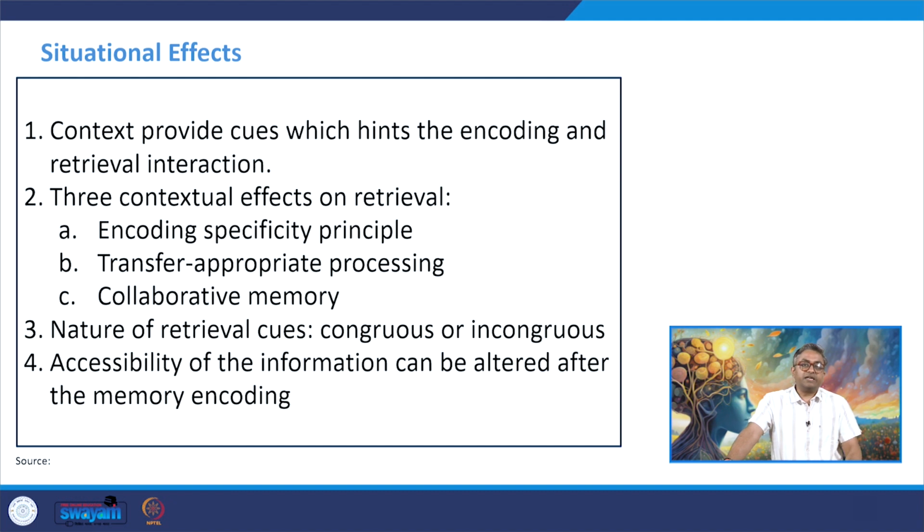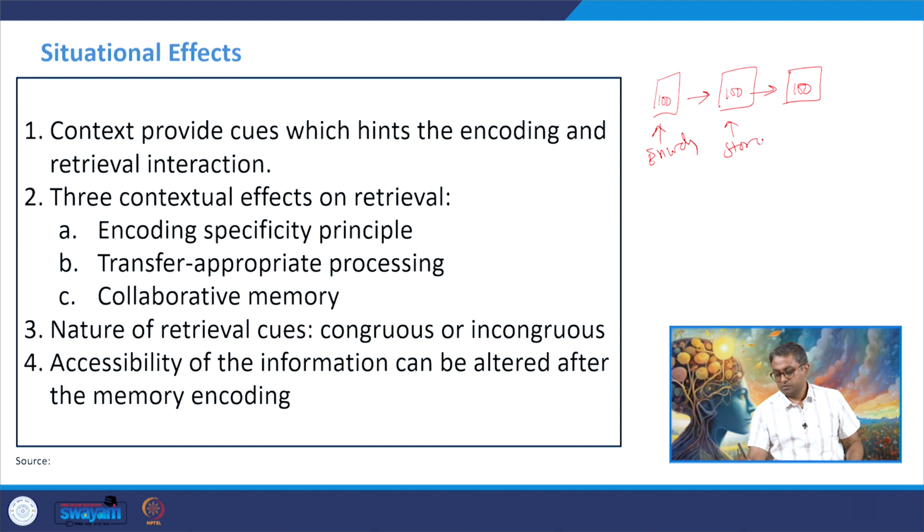Accessibility of information can be altered after the memory encoding. What does this mean? This means that, as we have been discussing earlier, any amount of information which we are storing, encoding, storage, retrieval, but retrieval cannot be 100.